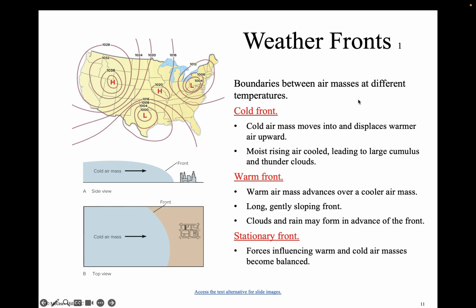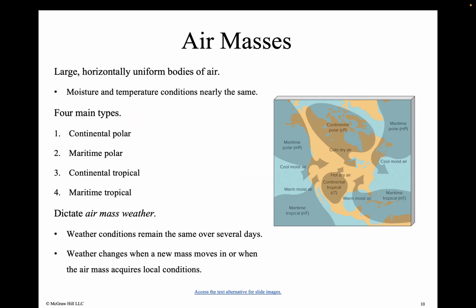The weather front is actually a thin transition zone between two air masses, and that is where the weather will occur. When those two masses collide with each other and form those fronts, then we have weather occurring right there.